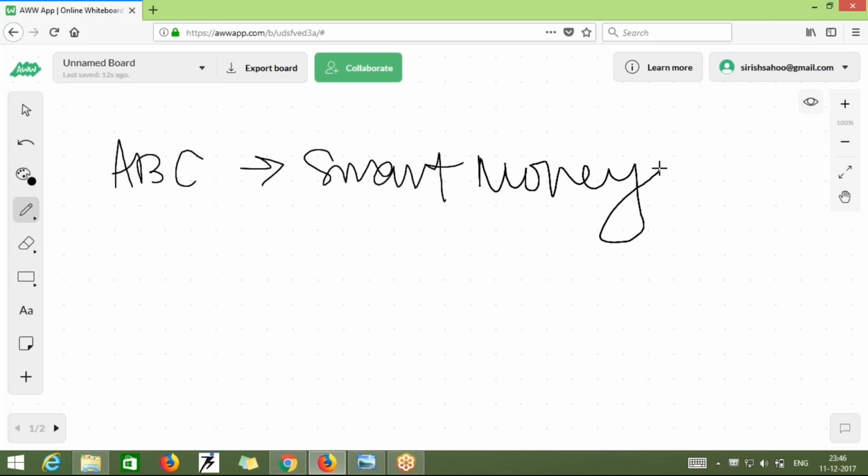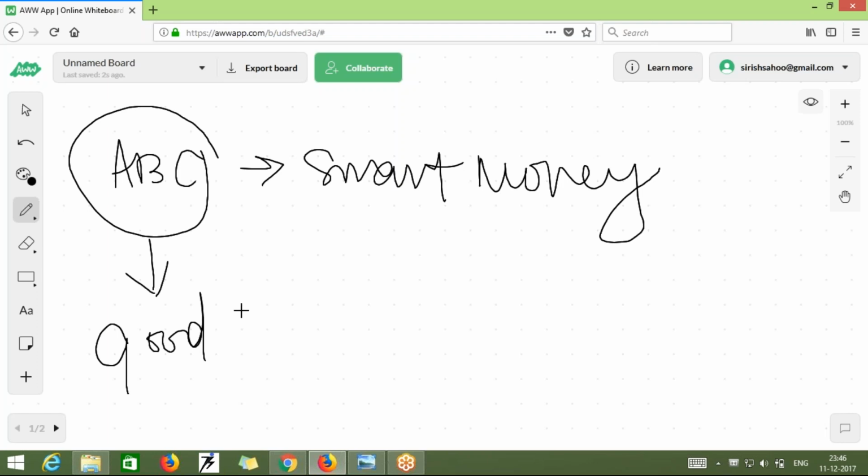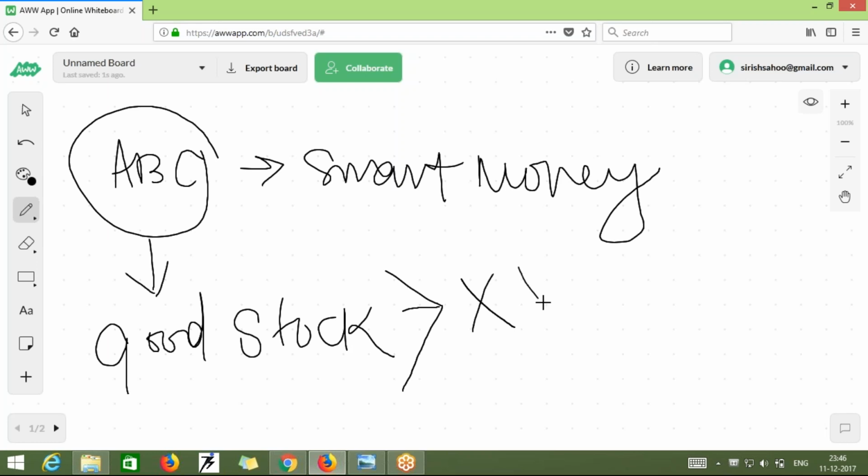So think of ABC as smart money, and ABC is in search of a good stock. So our smart money is in search of a good stock. What exactly will he be doing? And a stock in the market catches ABC's attention. Let's say XYZ is the name of the stock.